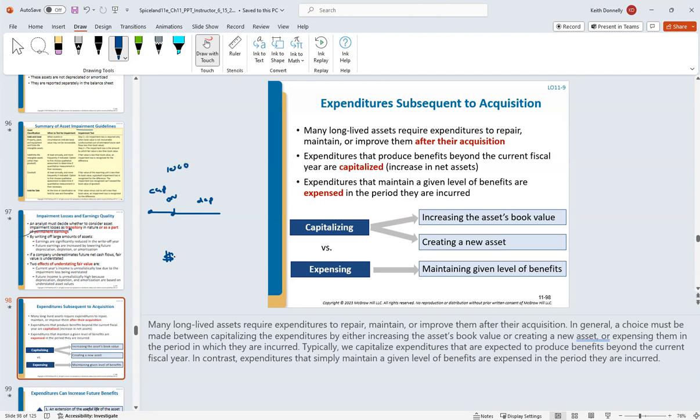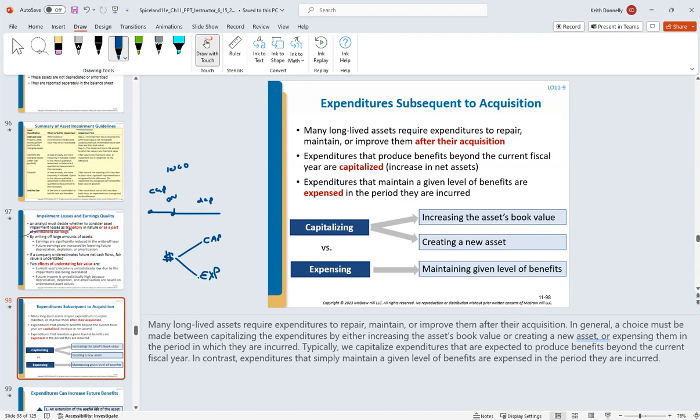Afterwards, we have to distinguish if we throw more money into this thing, are we going to capitalize it and then depreciate it like a capitalized improvement, or are we going to expense this thing? Well, it really depends. A lot of it is like, well, how big of an expense is this? Is it material?